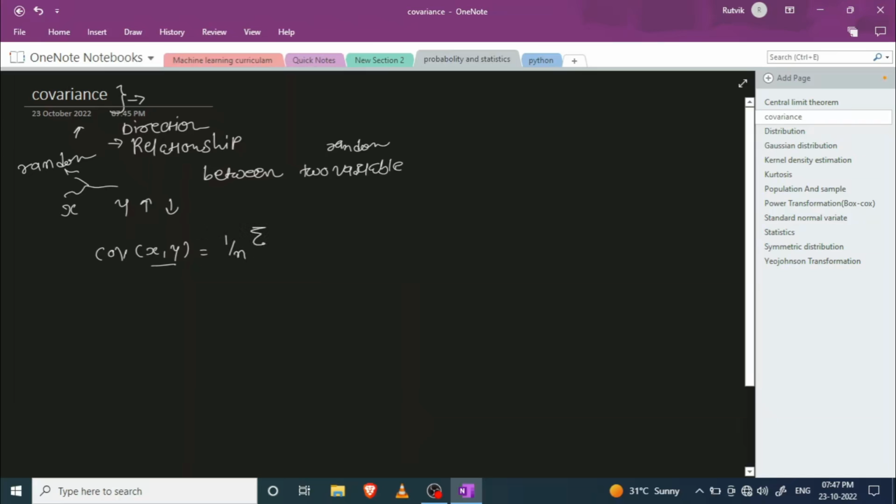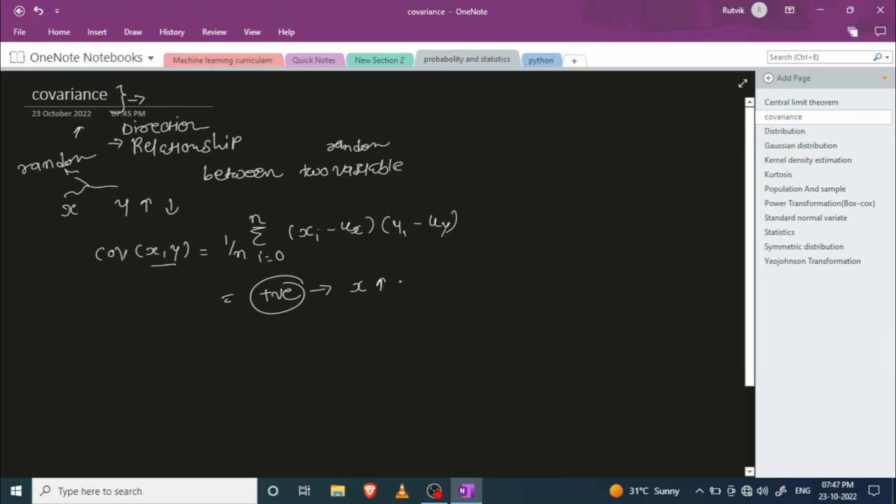So here I'm going to write 1 divided by n, summation i equals 0 to n, here I'm going to write xi minus mu of x times yi minus mu of y. So this is the formula of covariance of x and y. So if this value is positive, that means the relationship between the two variables is positive, right?